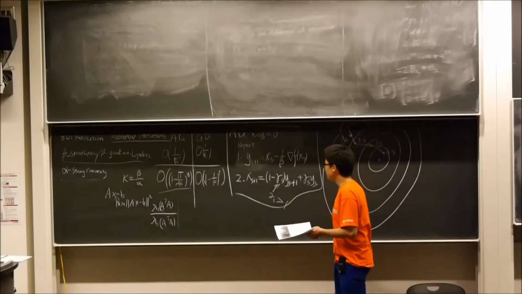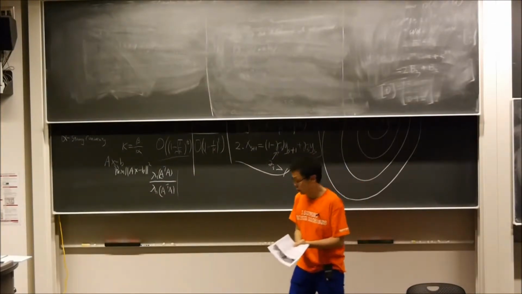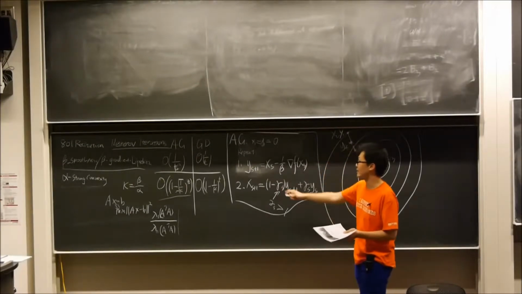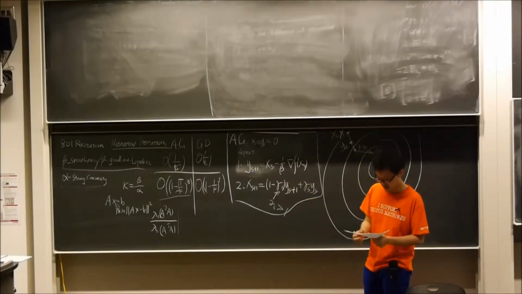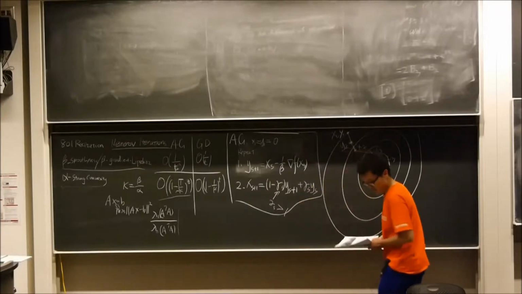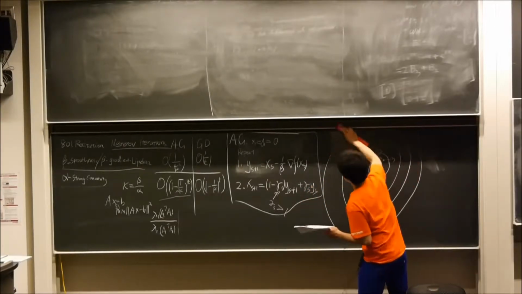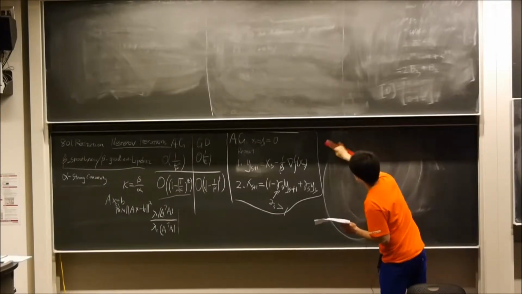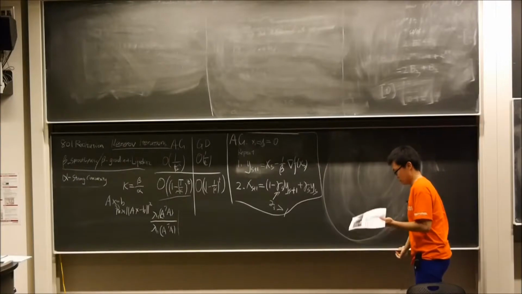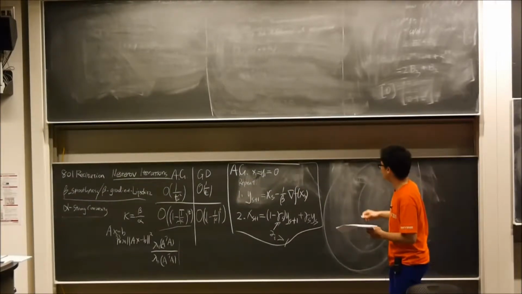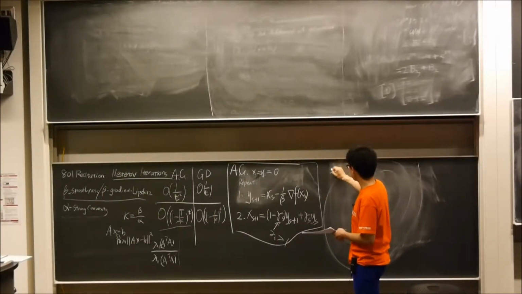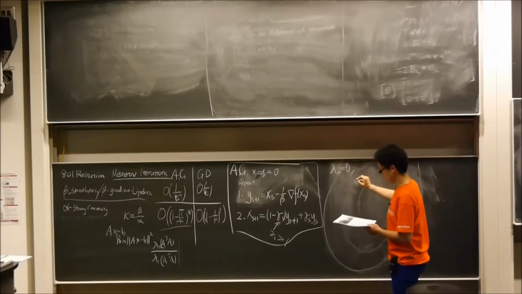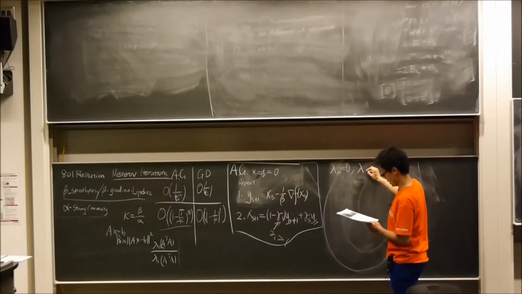So to make the discussion consistent, I'll also write how you are going to choose this gamma s in the two different cases. So let's first define a sequence. Lambda 0 is 0, and define a recursion.